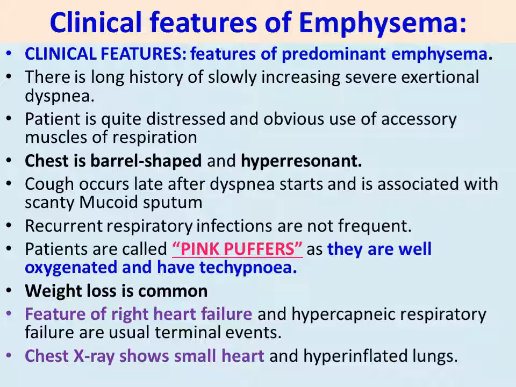So emphysema patients are called pink puffers. Weight loss is common in the emphysema patient. Features of right heart failure and hypercapnic respiratory failure are usual terminal events. Chest X-ray shows a small heart and hyperinflated lungs.